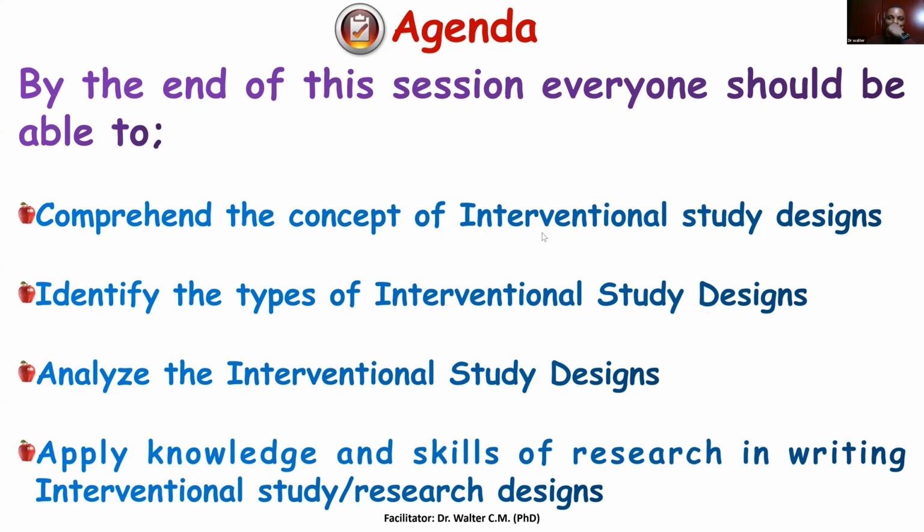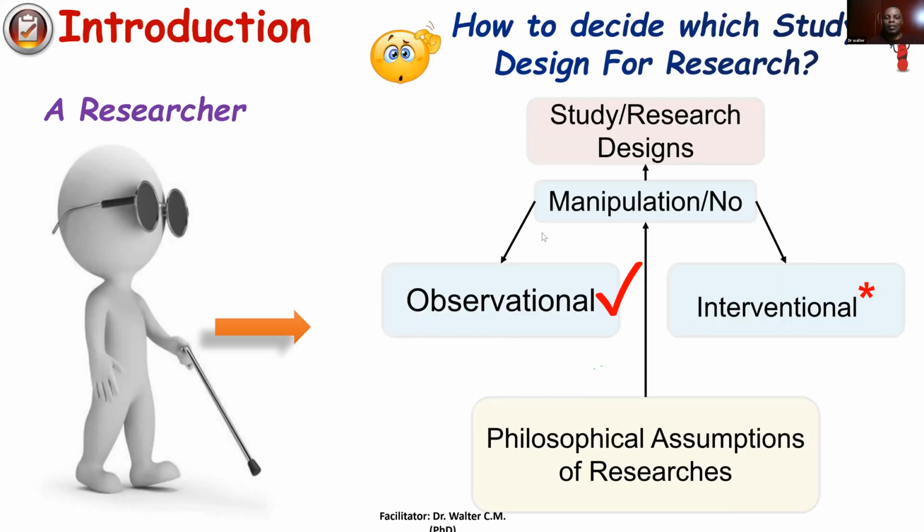As researchers, we previously said that we are guided by philosophical assumptions. We said no research is conducted without the researcher having a philosophical belief: that I'm going to study this aspect of this discipline, this problem, because I believe that people over there have no guidance on that.